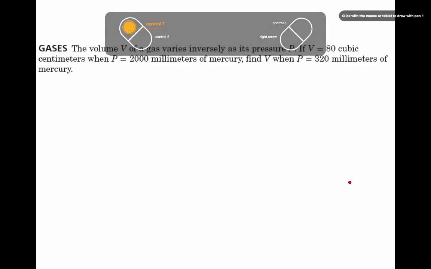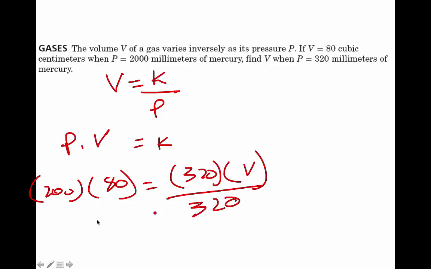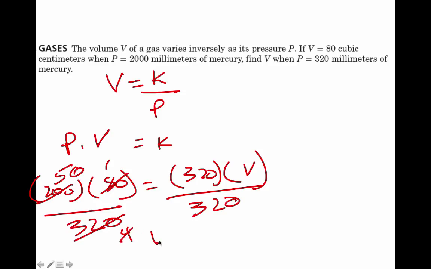The volume of a gas varies inversely with pressure, so it's inverse variation, so volume equals K over P. Again, I would do K equals P times V. It says if 80 cubic centimeters is the V and P is 2,000, find V when P is 320, and we're looking for V. So I would do something like this, and then I would get out my trusty calculator, which I don't have, so that's 1/4, and that's 50, and that's 1.